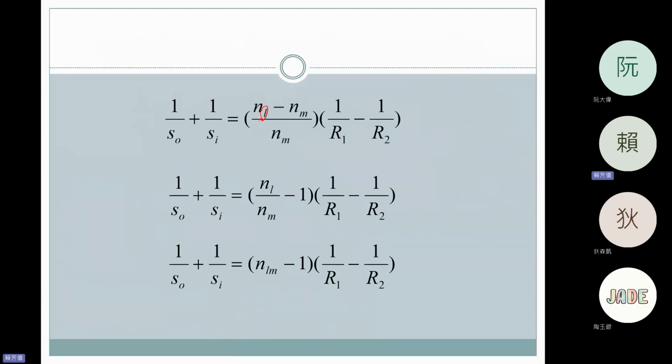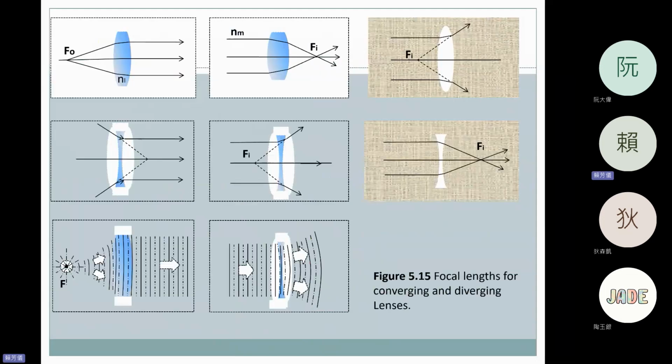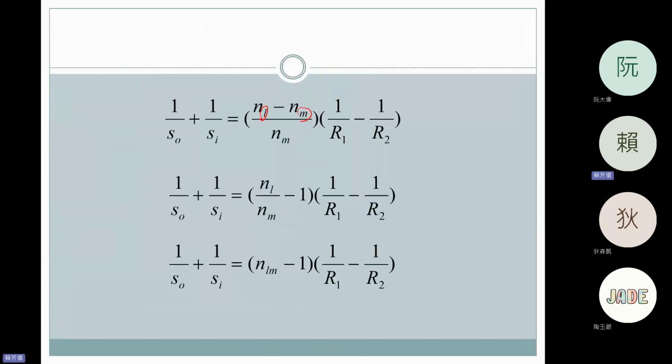Here NL means the refractive index of the lens material, and NM means the refractive index of the ambient environment material. Whether the lens is convergent or divergent, when you see the equation here, we can know that F is positive or negative.